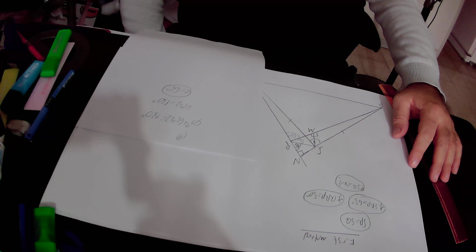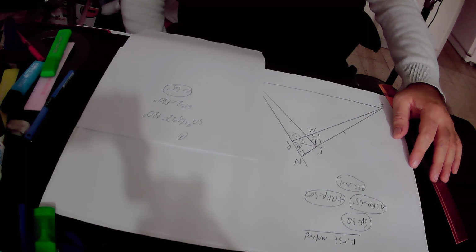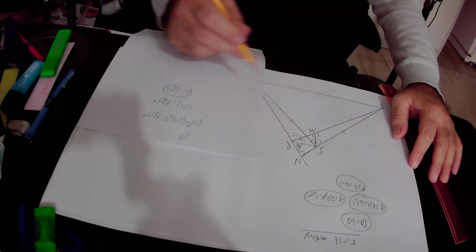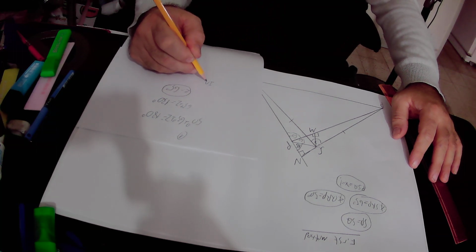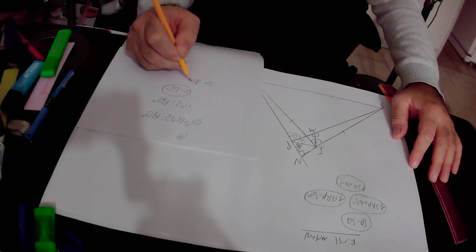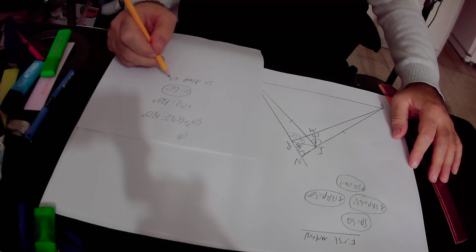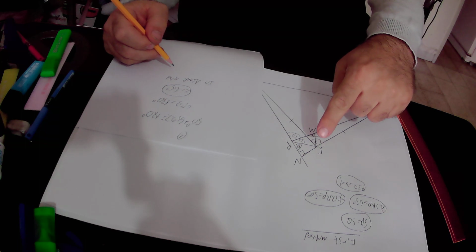And in the next step, we will focus on the right triangle SMR and the right triangle SNR.